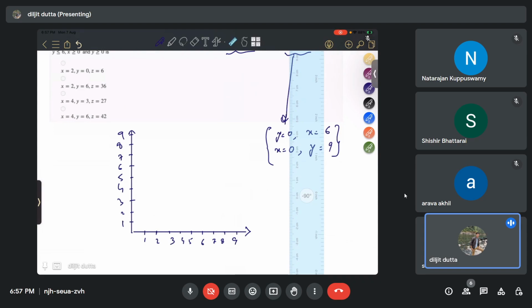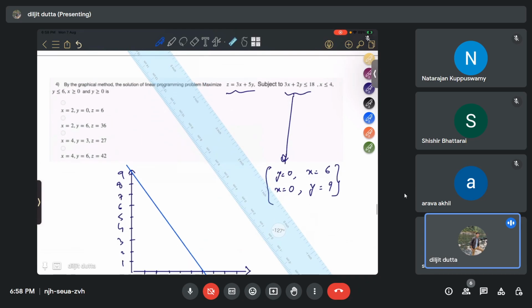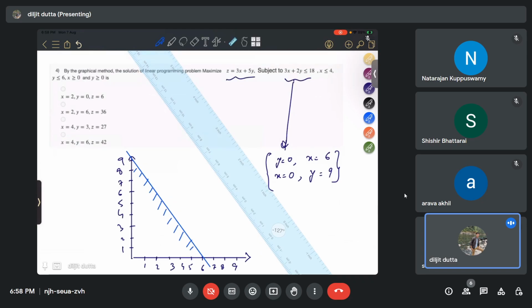So x is equal to 6 and y is equal to 9, and the line will go somewhat like this. So this is one constraint line, and the value should be less than or equal to this, so it will be in this region. So this is one condition.